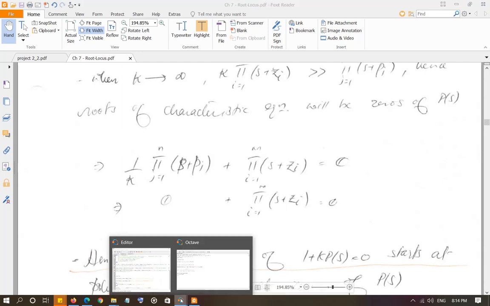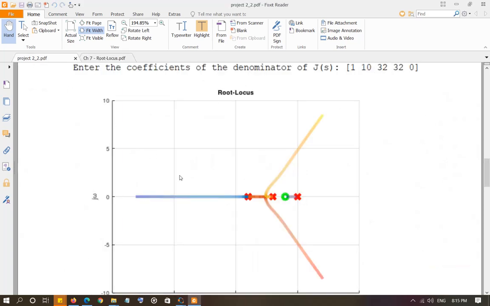So if I go over here, starting at one of the poles heading towards a 0, and the 0 for this is sitting at infinity. There is no finite 0 over here. Again, starting from this and going towards infinity where another 0 is sitting. We're going to discuss this soon.